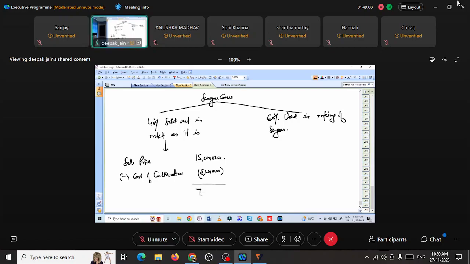So 7 lakh is the agricultural income related to the 40%.